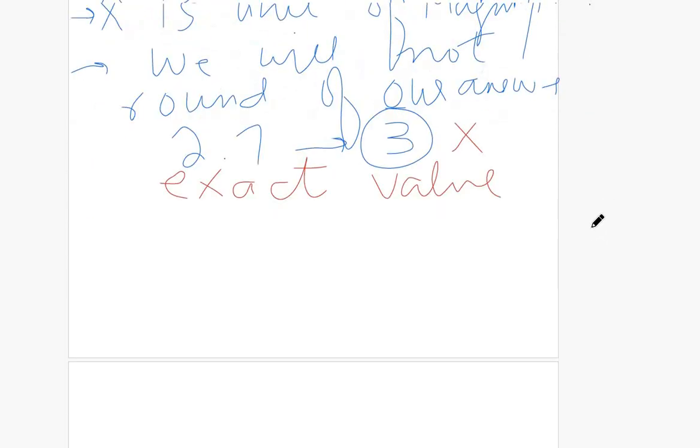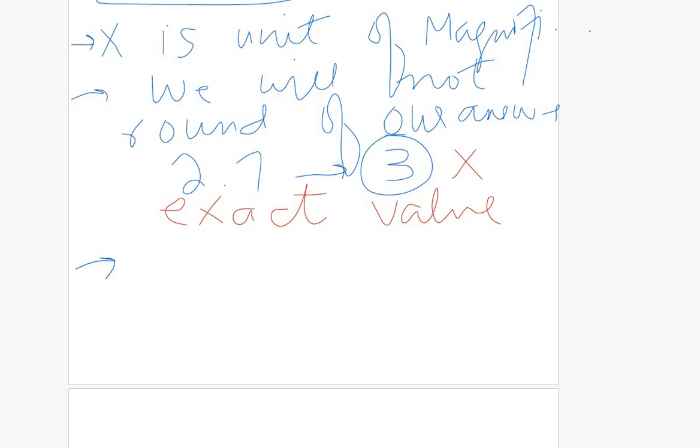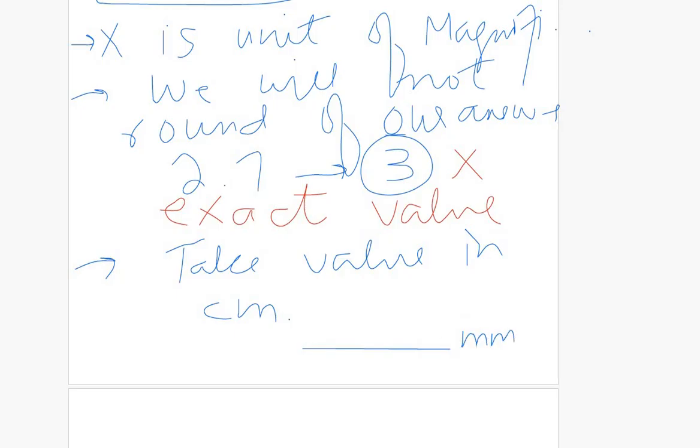Now, the last thing is that we can also take values in centimeter, like I took in millimeter. Sometimes the examiner gives the line and writes millimeter, so the students are supposed to give the answer in millimeter.